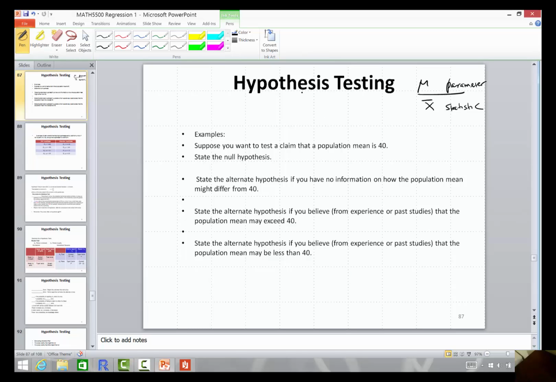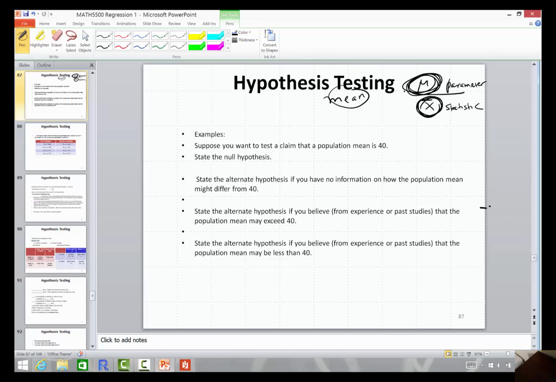When you are doing the hypothesis testing for mean, always you have to use mu for the hypothesis. When you do your null and alternate hypothesis, always use this population mean, not the sample mean X bar. Remember, in your null hypothesis and alternate hypothesis, this never comes. Always this population mean comes.